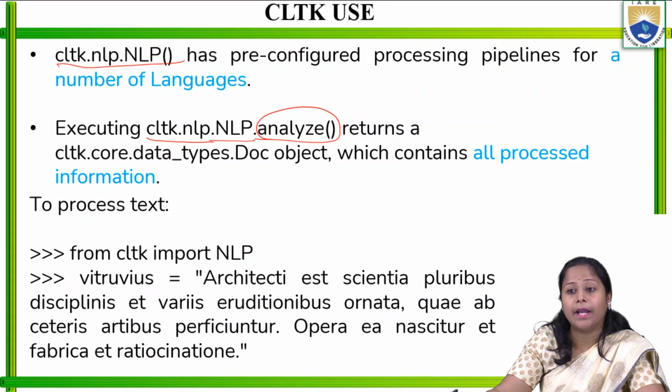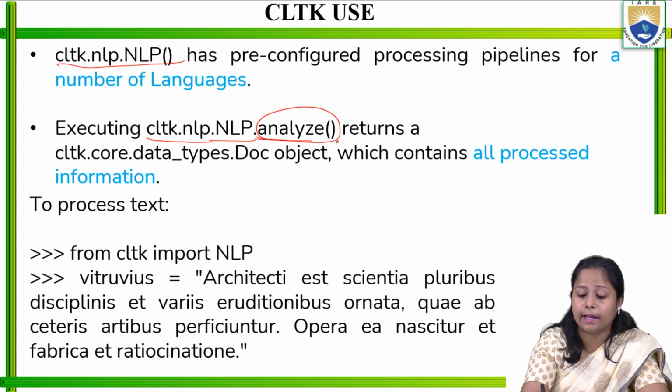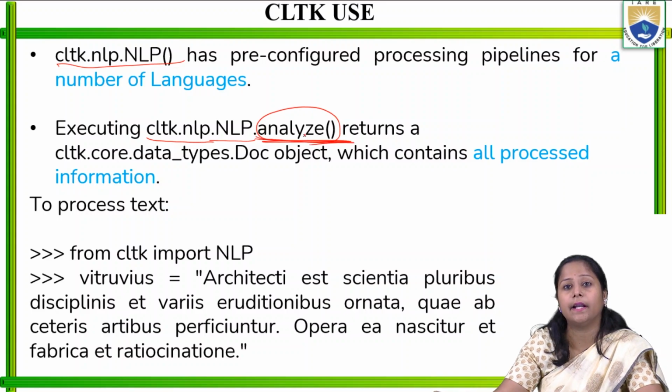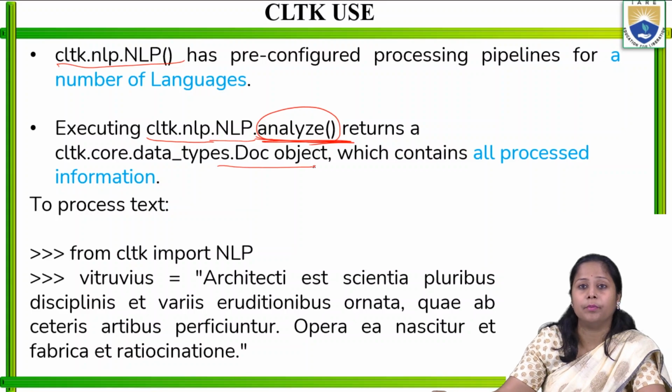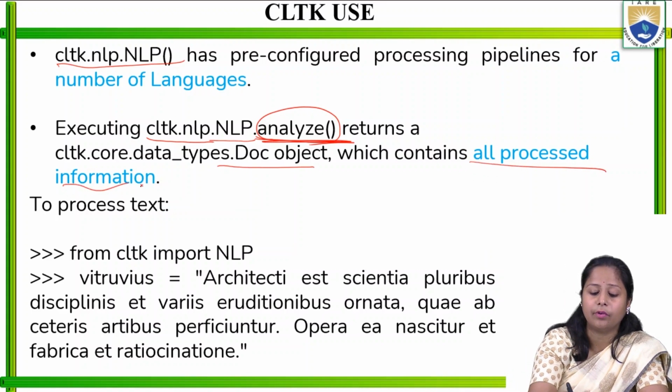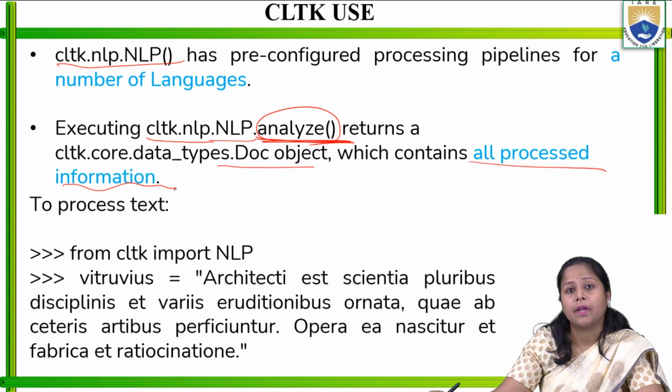Why? Because while using different types of corpora, we just need to start this analyze, and it is going to return a data type that is a .doc object, which contains all the processed information in one place.